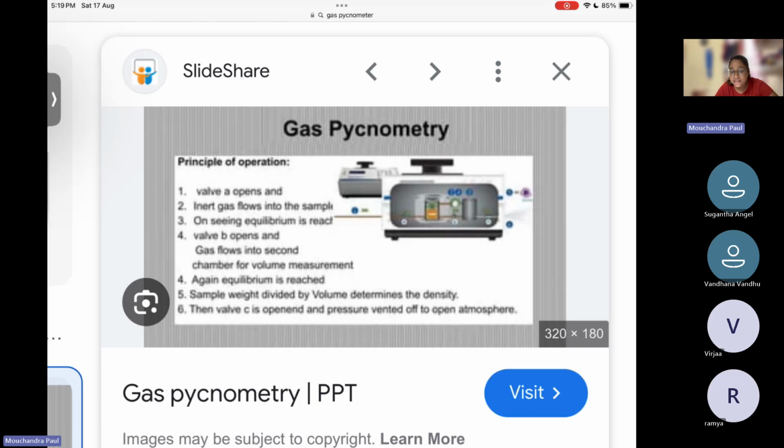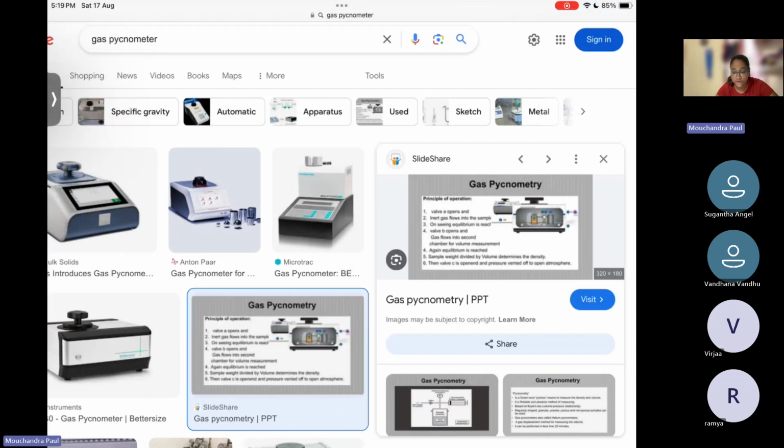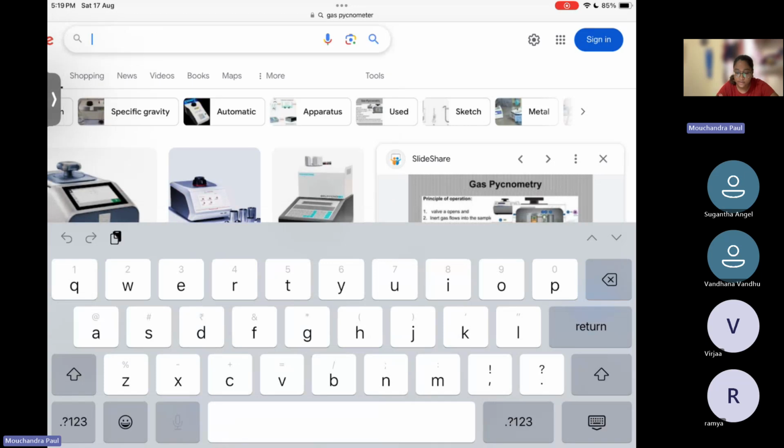Here the gas that is used to fill those void spaces, the volume of that gas helps in determining the volume of the void space inside the sample. Okay, this technique is called gas pycnometry. We are using a gas to fill up the void space and then quantifying how much volume of the gas was initially used to fill up those spaces. Okay, that basically is equal to the volume of the void space, a volume of porosity.